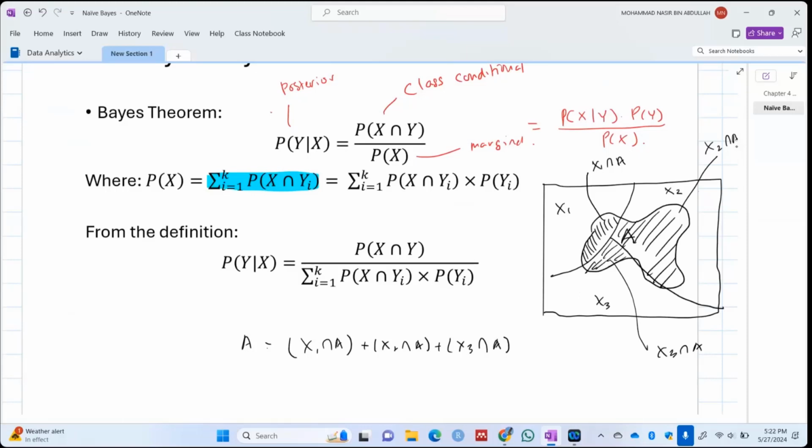Do you agree? Agree, right? So this is what is represented by probability of x, where x is everywhere, right? We want to find where x is shared by y, so we want to find the value of probability of x. So we need to add all the intersections with x. Okay.